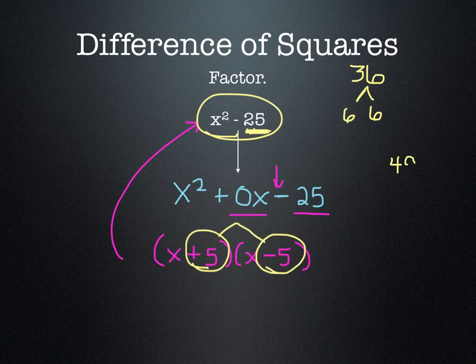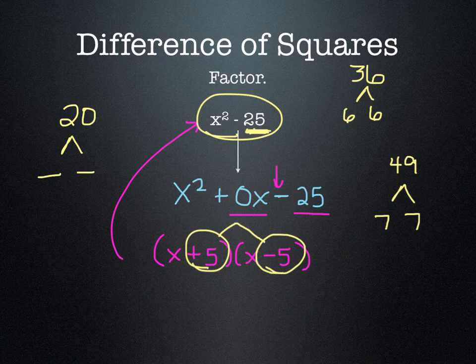49 can be factored into 7 and 7. So I could do this same process with a 49 here, because I could do a positive 7 and a negative 7. However, something like 20 would not work, because there's no way to make 2 of the exact same number equal 20 without decimals, okay?